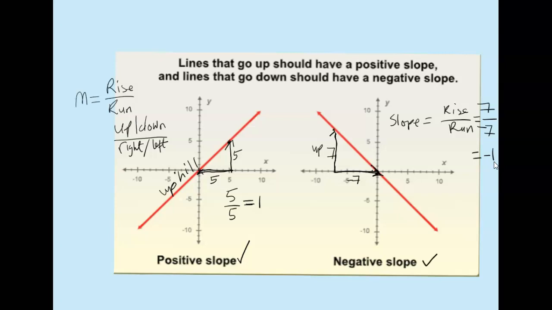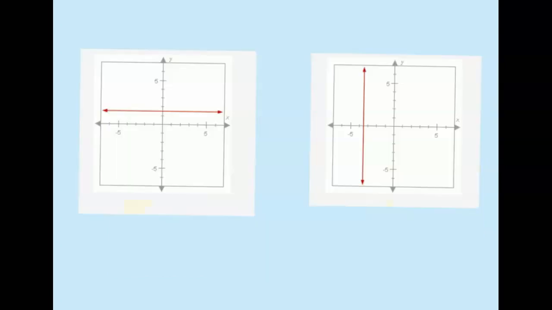So anytime we are going down the hill, we are experiencing a negative slope.